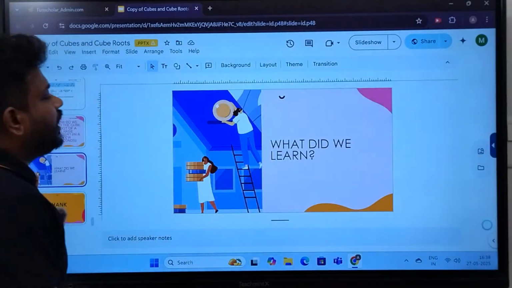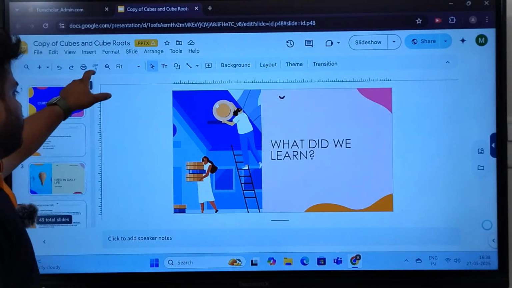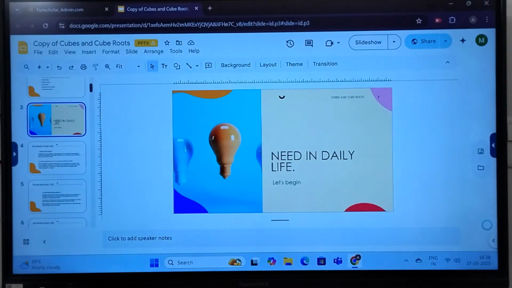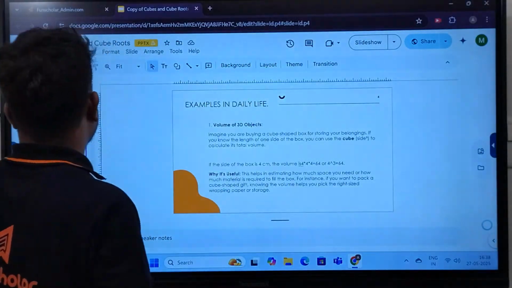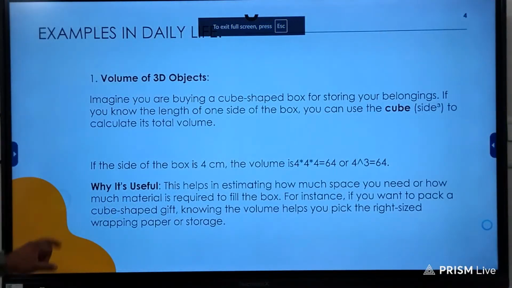So let's recap what we learned. Starting from why we are studying this chapter, what cubes and cube roots are, and what their applications are in our daily life.